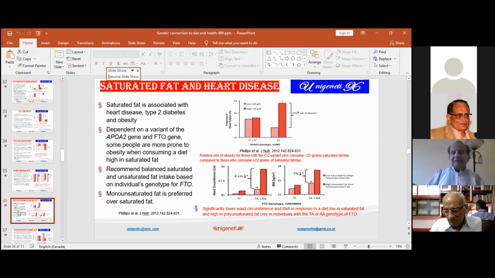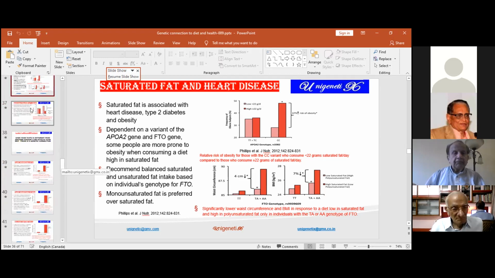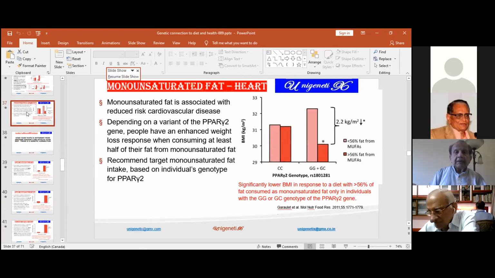In 2015, I get a paper saying saturated fats are good for your patient. What am I to believe? I'm going to believe this: if I do a genetic study, then I'll get some better answer. That's an important issue.